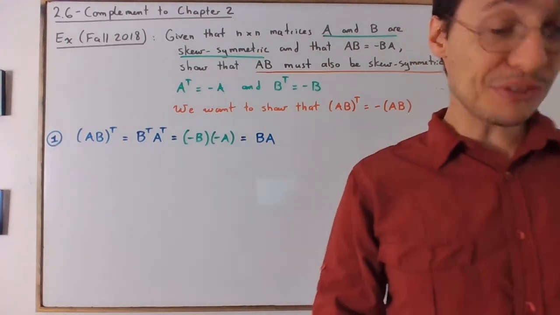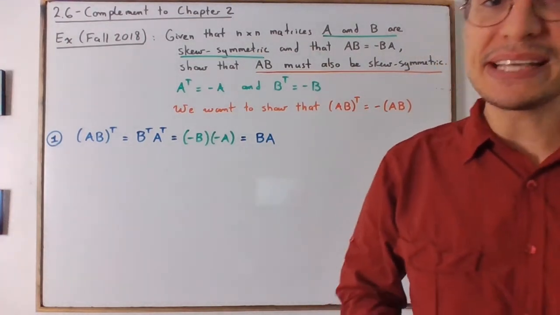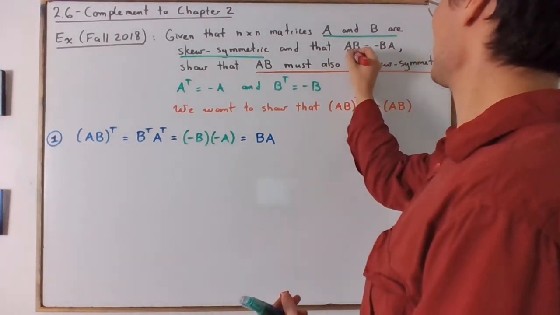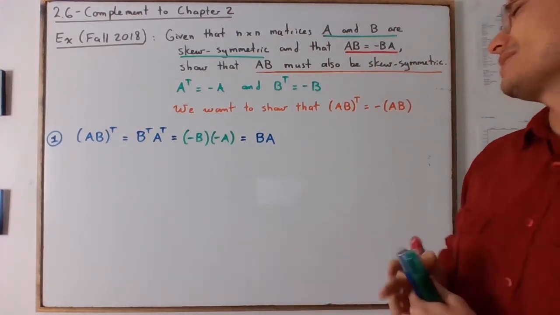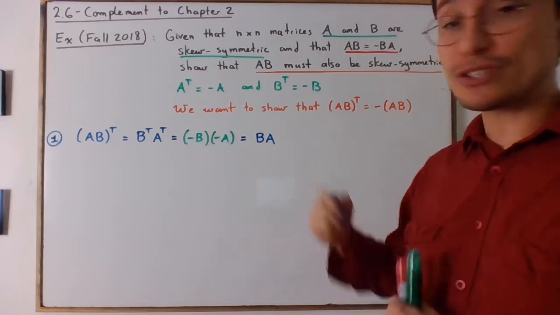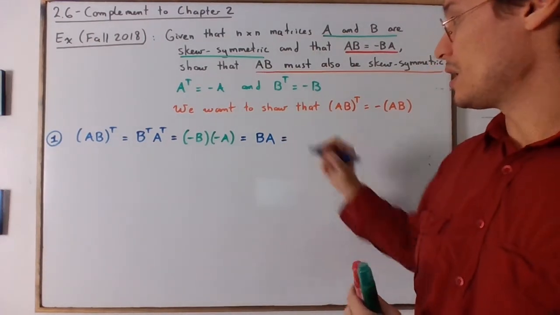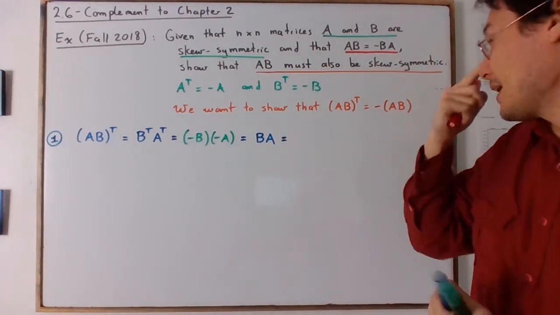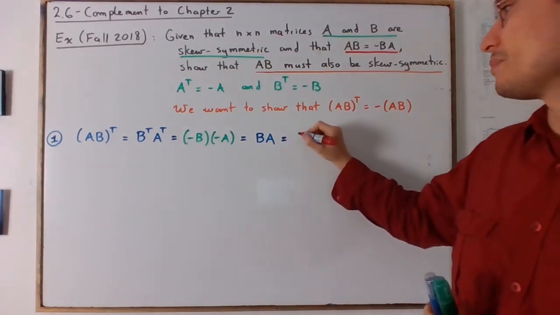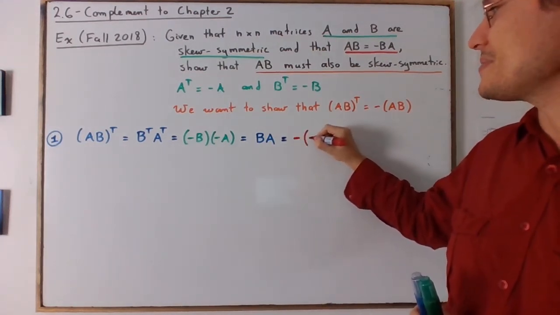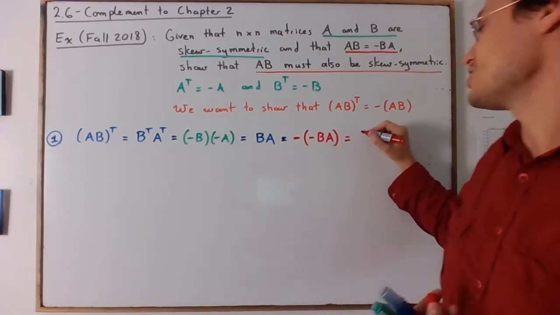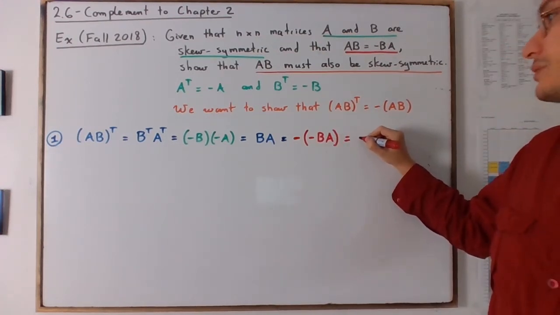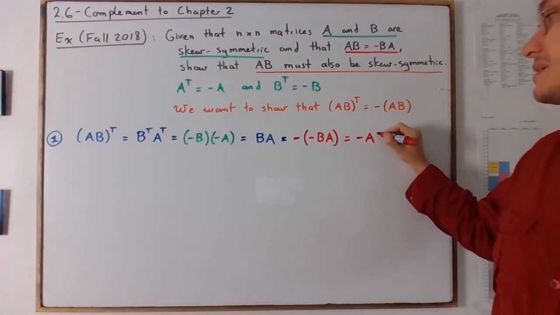And to finish the proof, it is now the time to use this information. I don't really need to do that. So in other words, we will have here negative of BA, but the idea is really just to write that this will turn out to be negative AB.